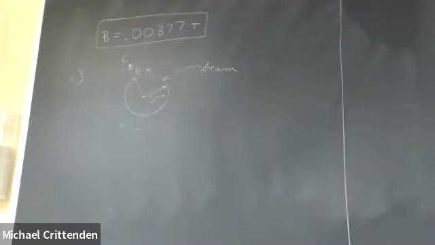Okay, so once again, our path is a circle concentric with the cross section of the beam there.